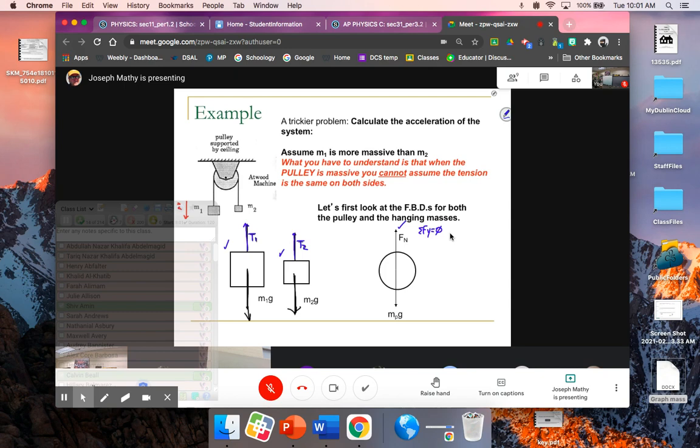So how in the world is the pulley itself going to help us out? Well, look at what T2 is capable of doing to the pulley. It is capable of applying a torque to this pulley.